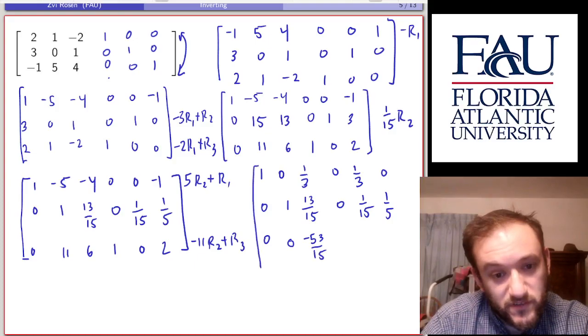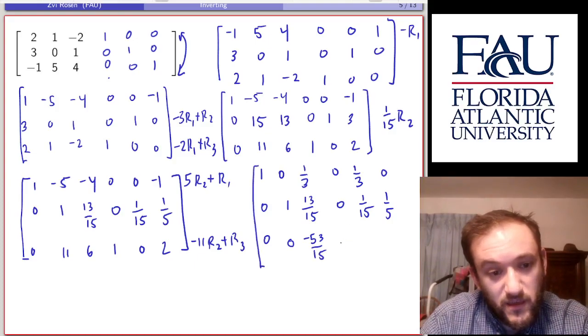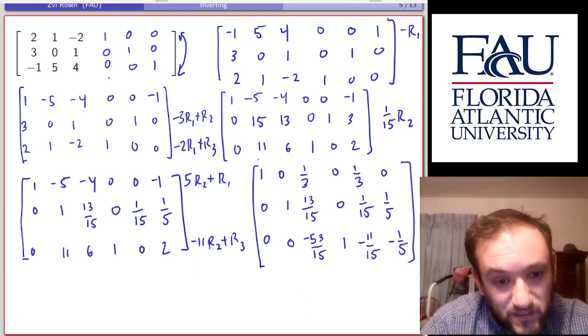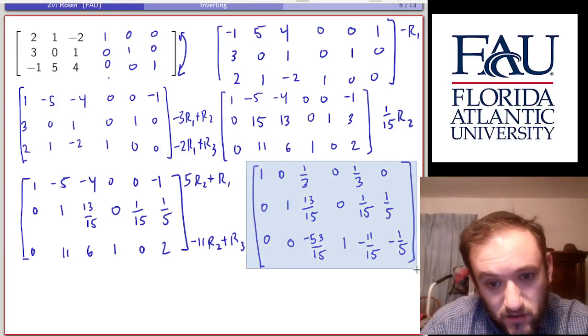Okay, and let's give ourselves a bit more room here. Then this gives us 1 and minus 11 over 15, and minus 11 over 5 plus 10 over 5 gives us minus 1 over 5. Okay, now let's bring this to the next page.